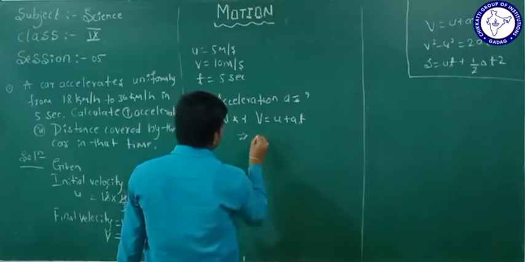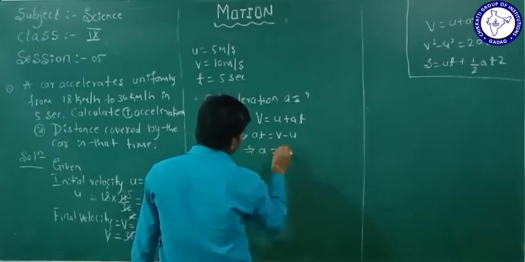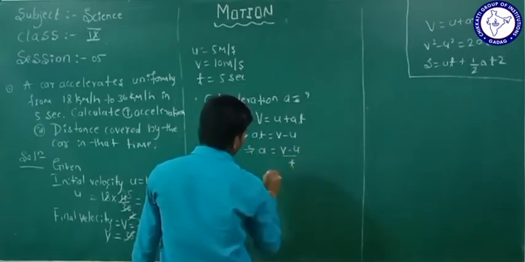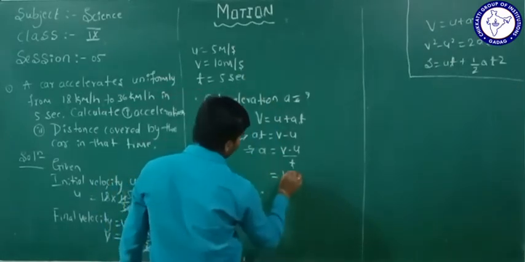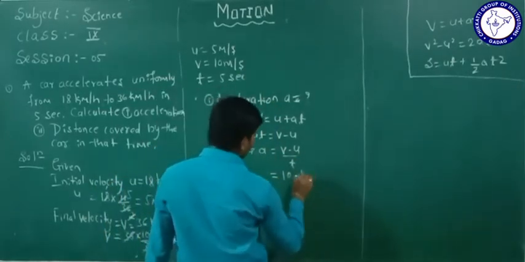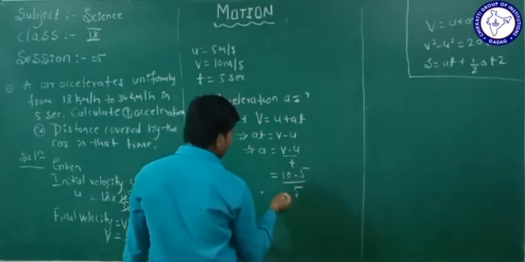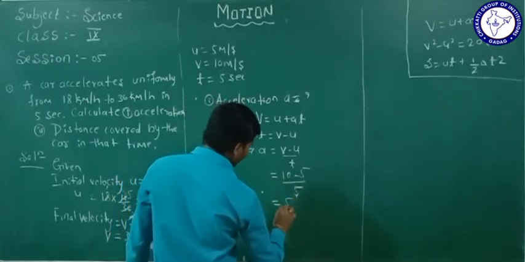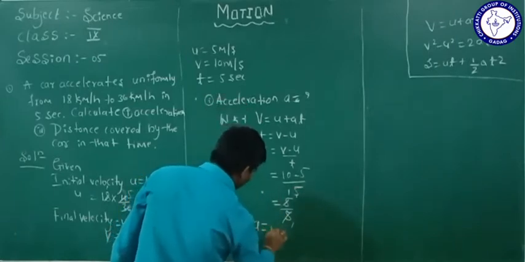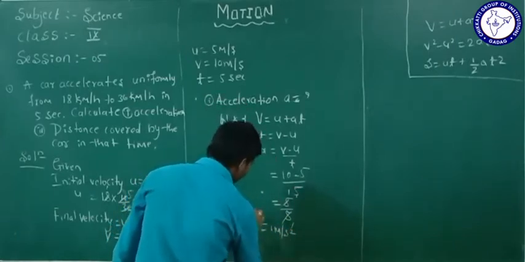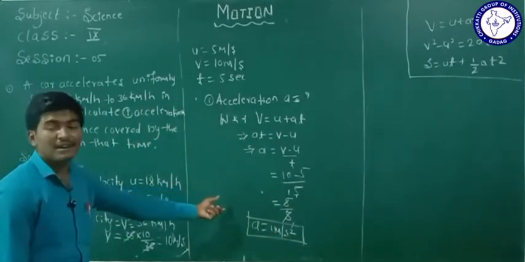It implies at is equal to v minus u, so a is equal to v minus u divided by t. Substitute the values: 10 minus 5 divided by 5, that is 5 divided by 5. Therefore a is equal to 1 meter per second square. That is the acceleration of the car.